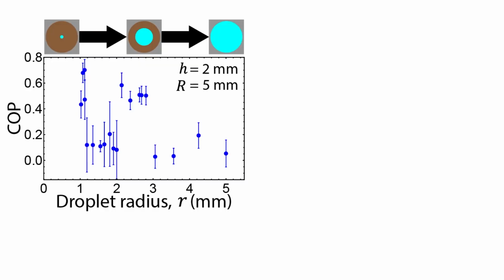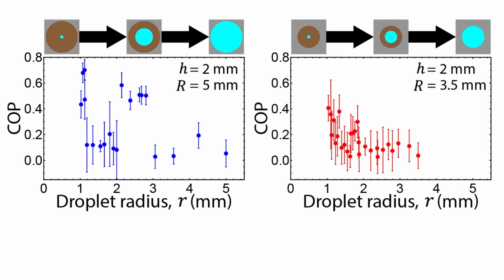To characterize the role of droplet radius on the formation of a circulatory flow, we systematically varied the droplet radius in a fixed milli-fluidic device and measured the circulation order parameter. Our measurements showed that the circulatory flows depended on the droplet radius. Circulation is only supported in droplets with specific radii.